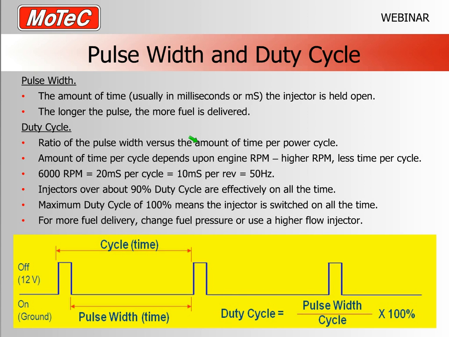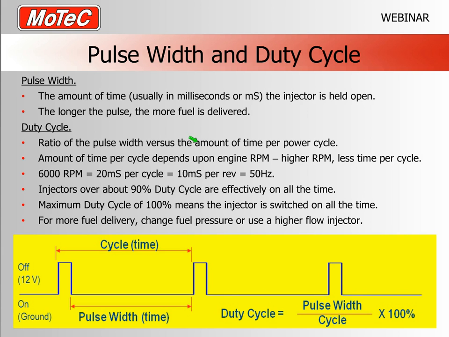Now the injector is turned on for some or all of this time, and that is the term that we call duty cycle. That is how much of the available cycle time the injector is turned on for. As you can see from this little graph, the pulse width time here is about 9/10ths of the overall cycle time, and that means we have a duty cycle of roughly 90%.